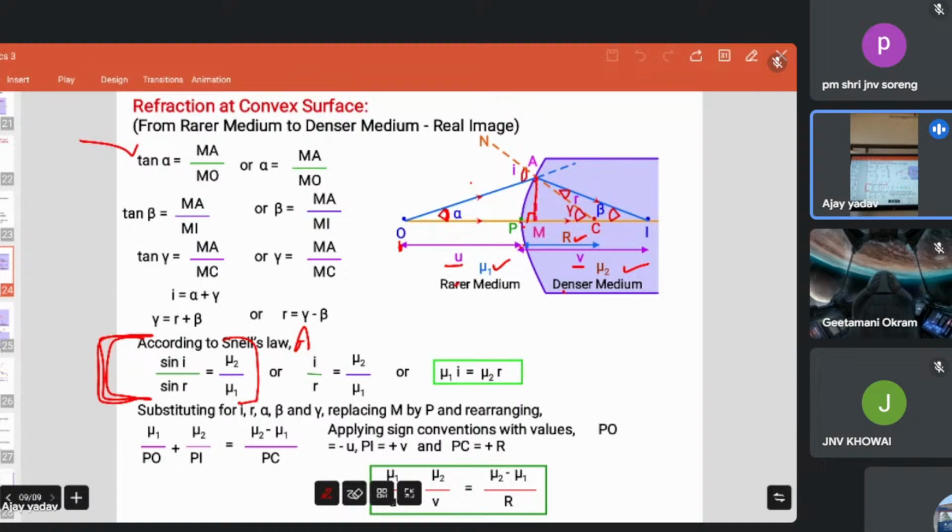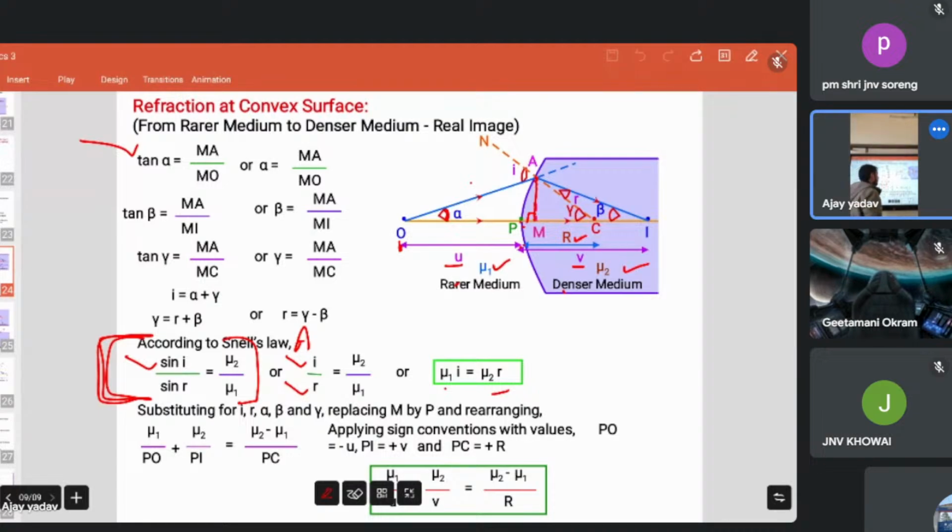In this assumption, we take the angles made with the principal axis to be small. So from Snell's law, we can write sin I as I and sin R as R, equal to mu2 by mu1. Now cross multiply: I into mu1 equals mu2 into R.